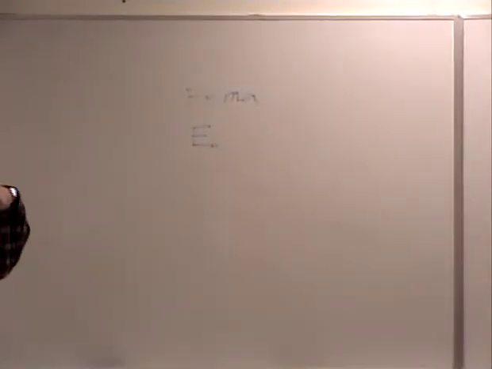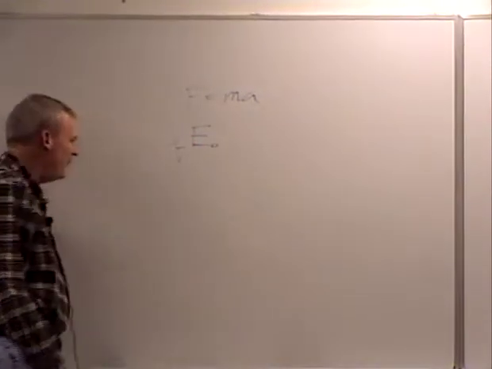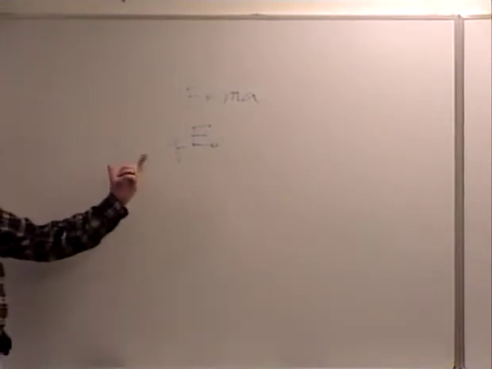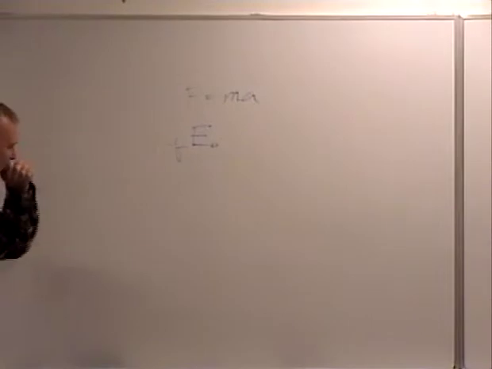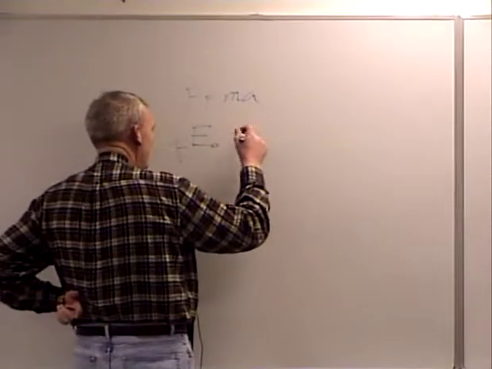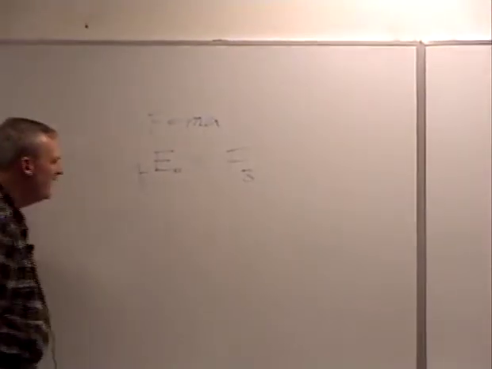Multiply. There we go. So the charge on that electron, q times E naught, that's going to equal the magnetic force, too.